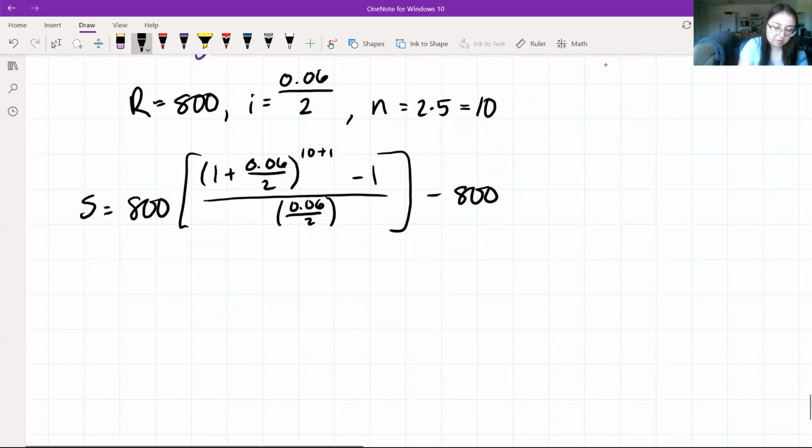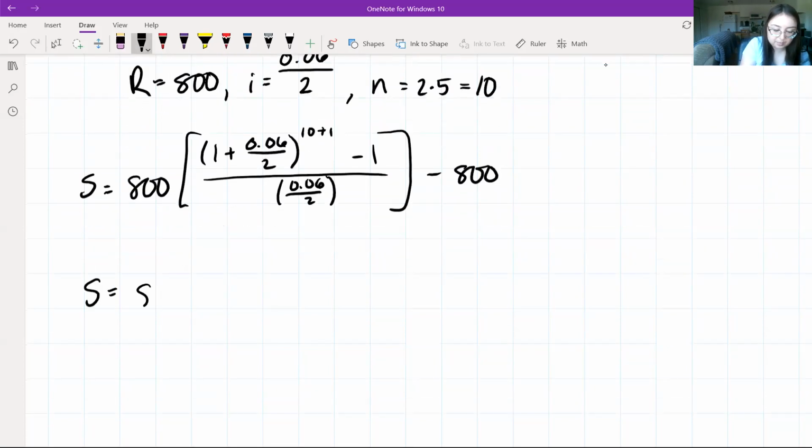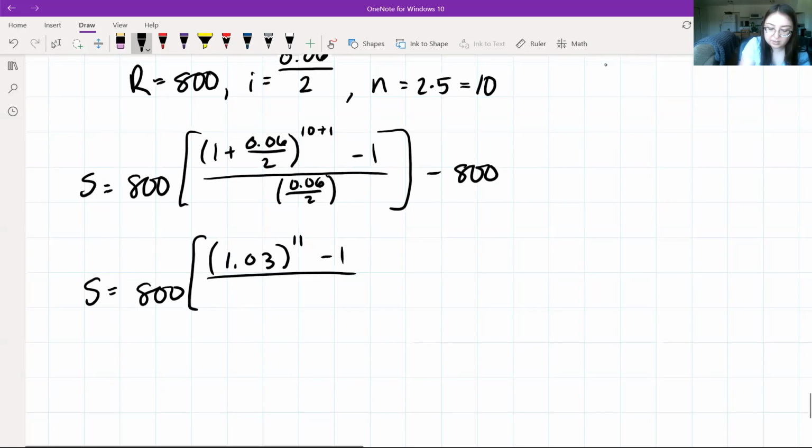Let's simplify a little bit: we get 800 times (1.03 to the 11th power minus 1) divided by 0.03, minus $800.